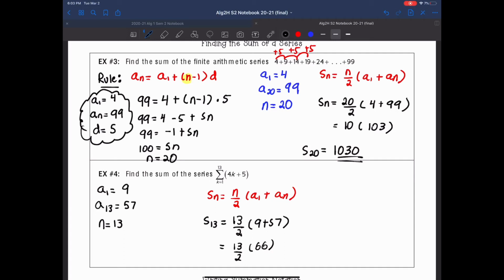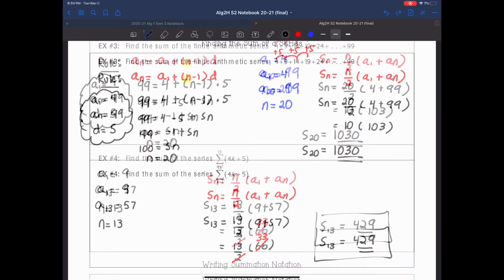Then we can obviously take 66 and divide it by the denominator 2, and we're going to be left with 13 times 33. That's going to give me s sub 13, or the sum of this series, is equal to 13 times 33, which is 429. All right, and that is how you find the sum of the series listed in summation notation.